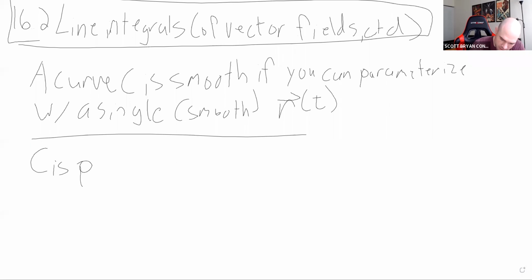So we say C is piecewise smooth if you can break it up into finitely many smooth pieces.